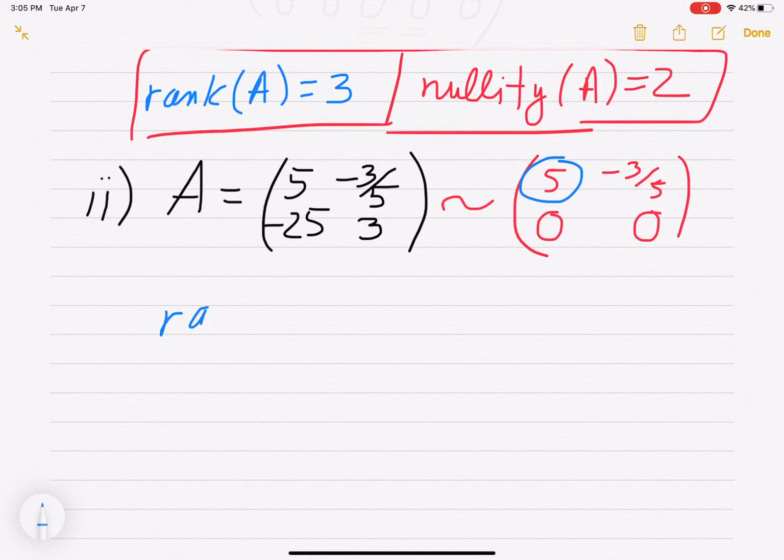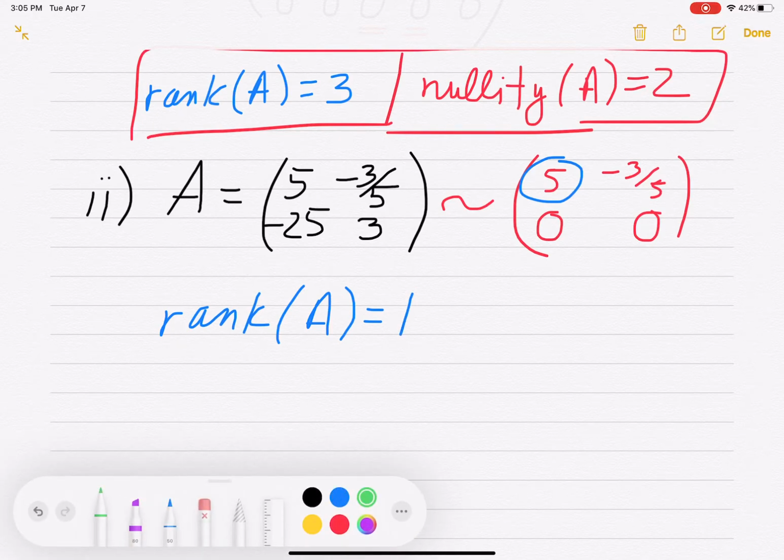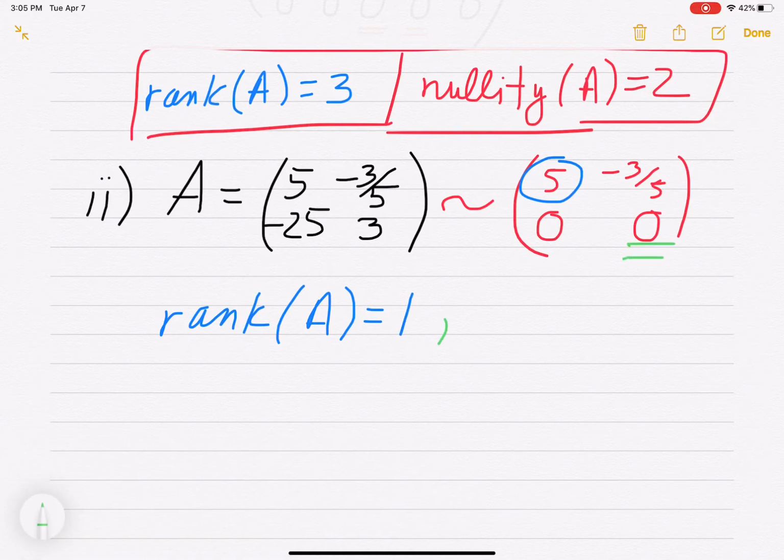So our rank of this 2 by 2 matrix is going to be 1. And as for the nullity, we have one free variable, x2, or I should say we have one non-pivot column. So the nullity of A is 1. One pivot column, one non-pivot column. That's simple.